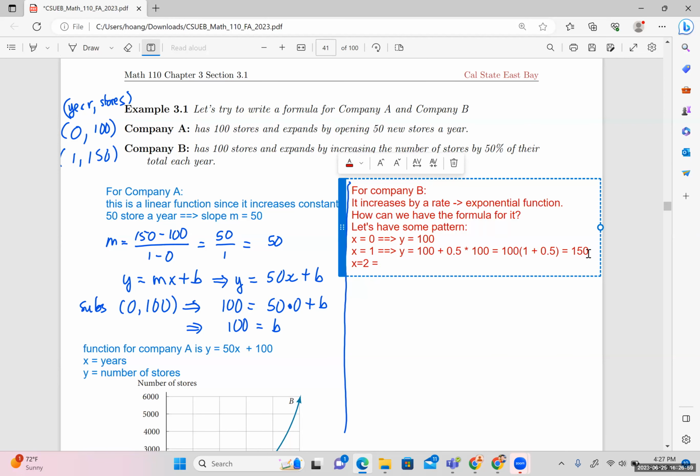We have y equal to hundreds plus 0.5. Now I times with 150. So that's going to be hundreds times with 1 plus 0.5, times 150... No, sorry.